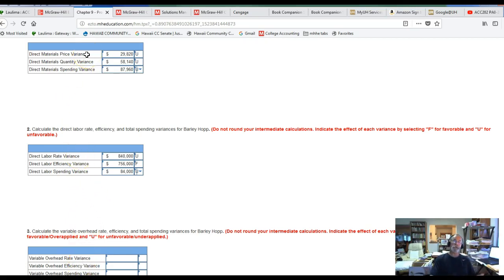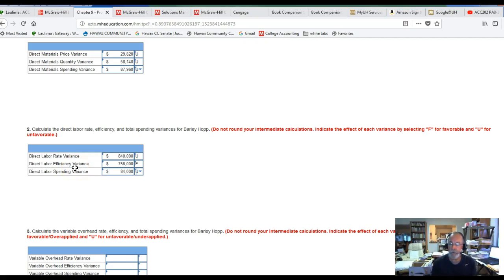Basically, we're comparing how our material price differs, budget versus actual, how the amount of material we use in production differs, budget versus actual, how our labor rate that we paid differs, budget versus actual, and then how efficient we were at making our product, using our labor, in terms of number of hours, budget versus actual. So this is very useful information.